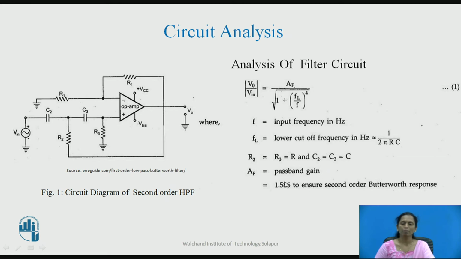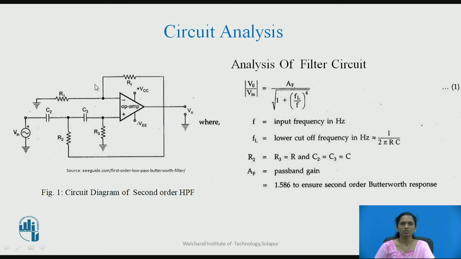A very important part: when we are interested in the second order high pass filter, the pass band gain must be greater than unity. That is possible with the help of two resistors, the feedback resistor RF and the input resistor R1.